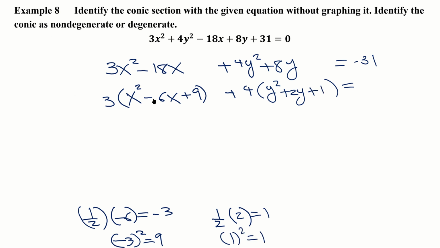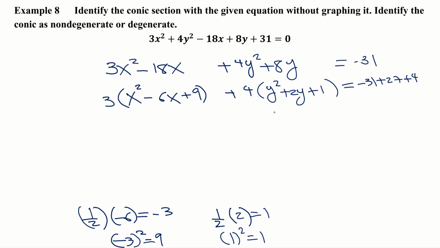But be careful, because we're not just adding a 9 to the left side of this equation, we're actually adding 3 times 9, so 27. So we have the negative 31 on the other side. We add 27. And here we're not just adding a 1, we're adding a 4. So to keep the balance, we have to add 4 to the other side.